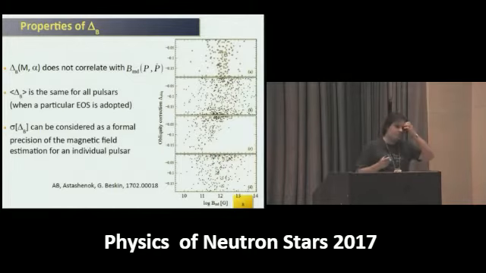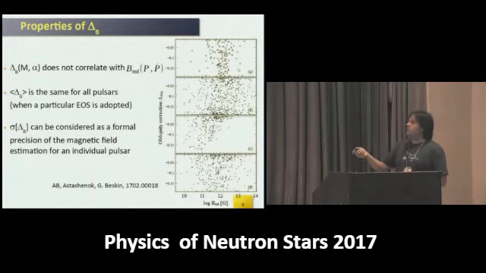I will not tell you the details of how you can explain it; please see our paper. But it can also be shown with a simple simulation of pulsars' magnetic angle evolution, and indeed we see that there are no correlations, even if we assume an exact correlation between initial magnetic angles and initial periods of radio pulsars.